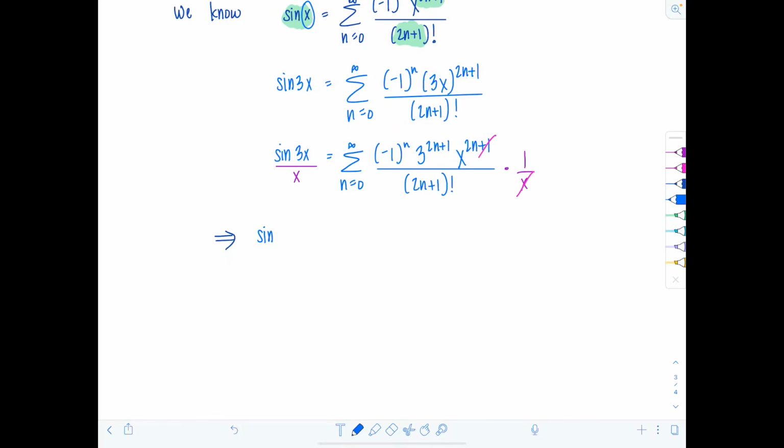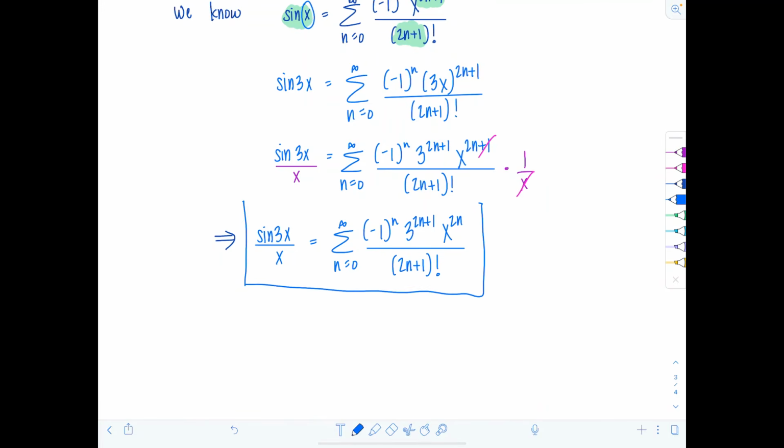So sine of 3x over x is equal to the sum, n equals 0 to infinity, negative 1 to the n, 3 to the 2n plus 1, x to the 2n over 2n plus 1 factorial. Okay. Let's box it nicely. We're rather proud of this.